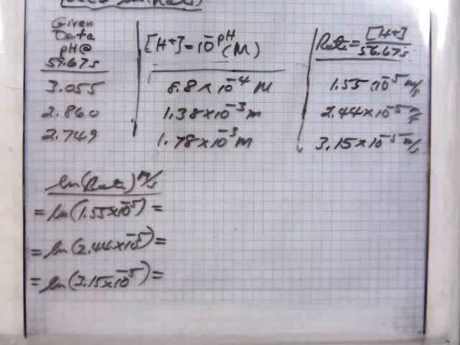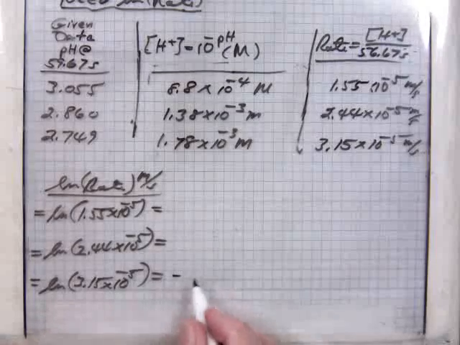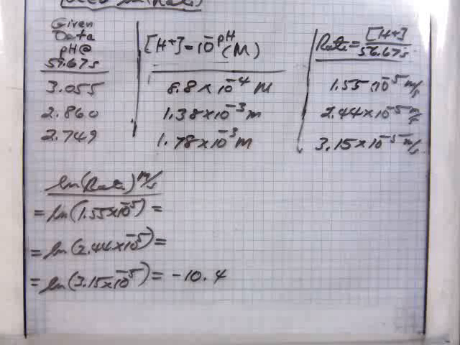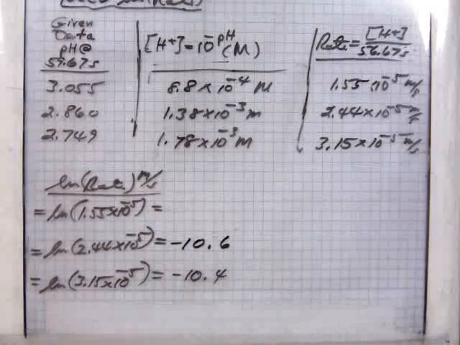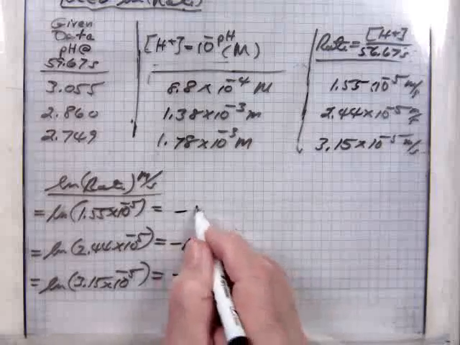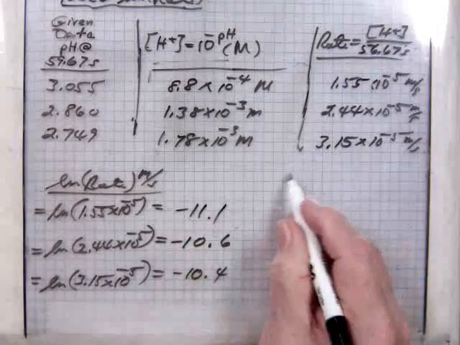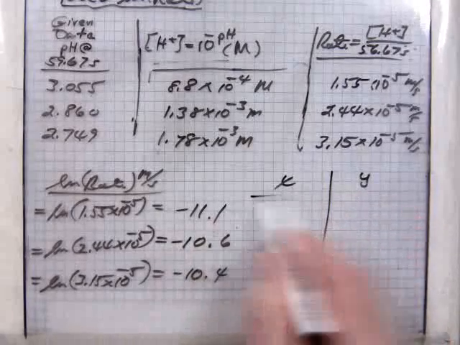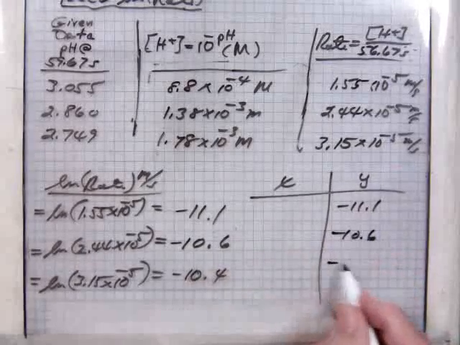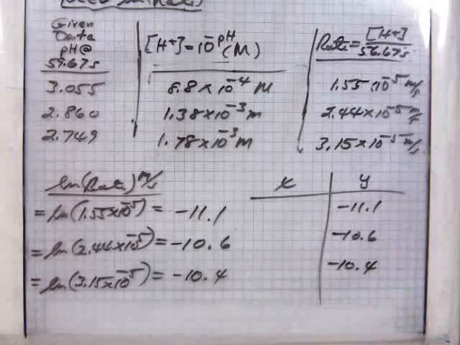This one is minus 10.4. Minus 10.6. Minus 11.1. So if we have x against y's: minus 11.1, minus 10.6, minus 10.4, and our x values.